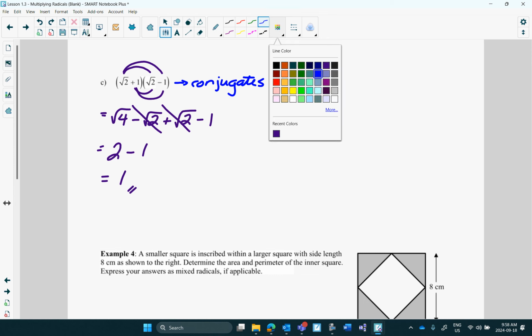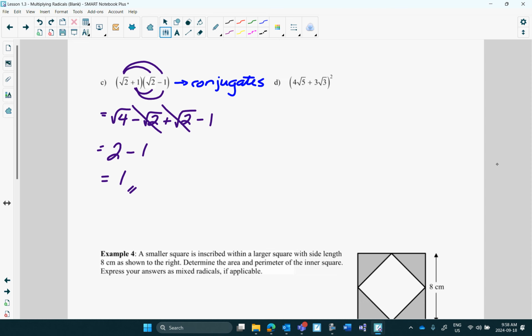Okay, the last one we need to be aware of too. And sometimes students get tripped up on this. You are taking both of these terms together. Why are they together? Because they're held by parentheses. And you're squaring them. It does not mean take this and square it, take this and square it.